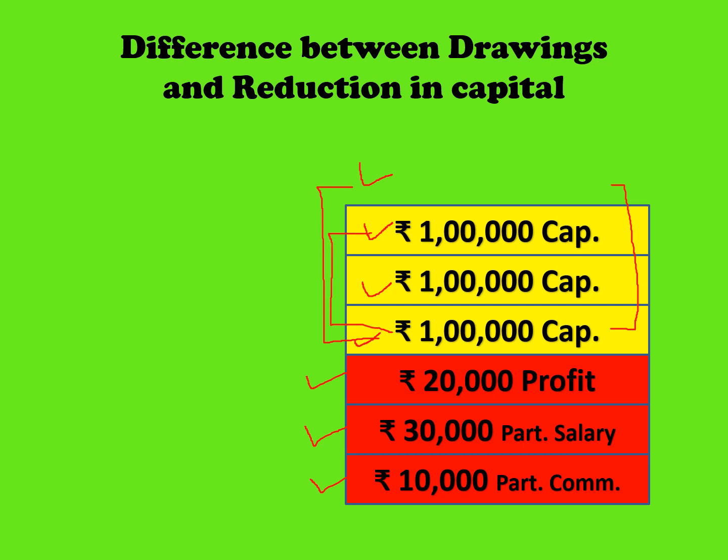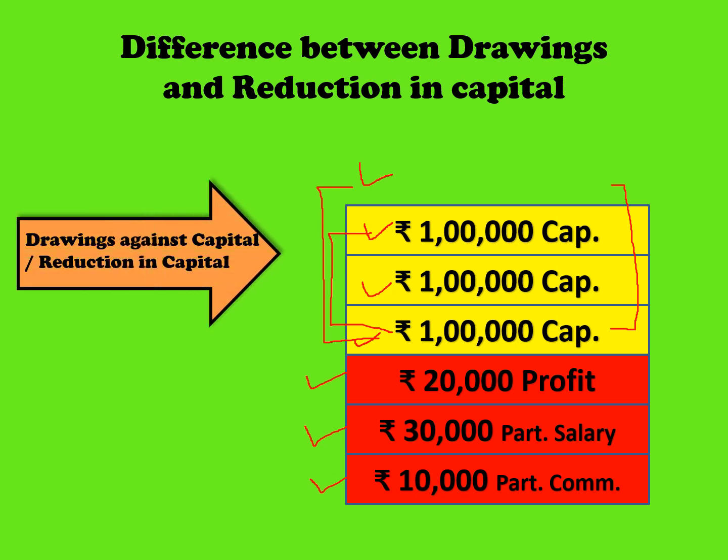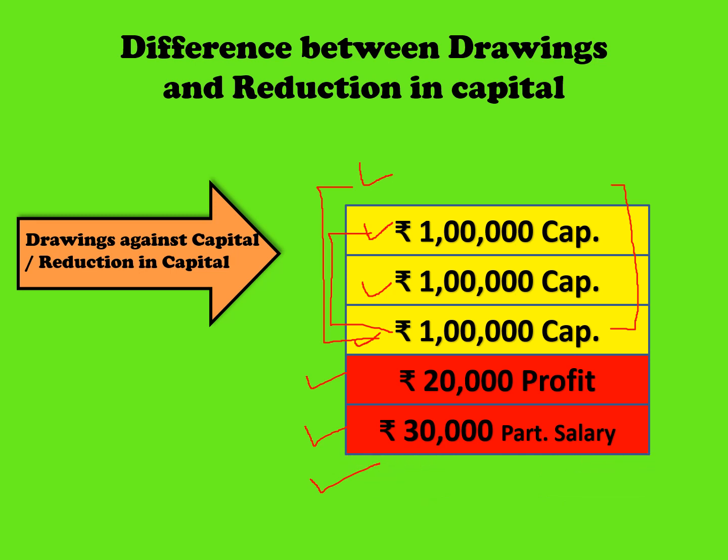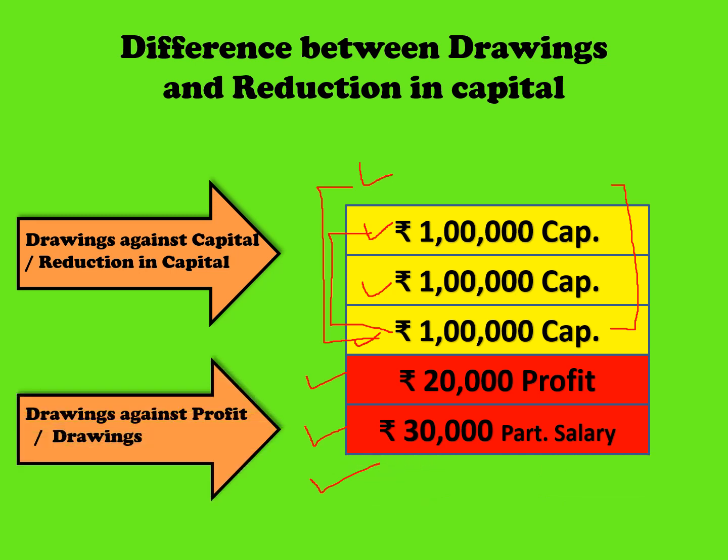If we reduce something from this yellow part, from his permanent capital, that is known as reduction in capital, or you can say drawings against capital. But if we withdraw something from the red part, suppose 10,000 rupees, then it is called drawings, or drawings against profit.